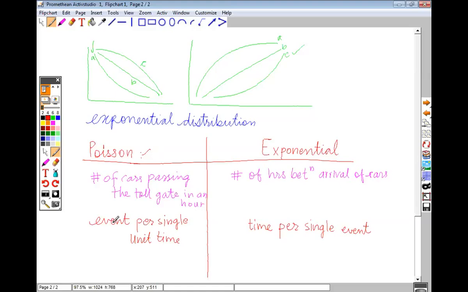There can be one event, two events, three events within an hour: one car passed, two cars passed, three cars passed, or no car has passed within an hour from the toll gate that we have taken into consideration. This is why we need these distributions.